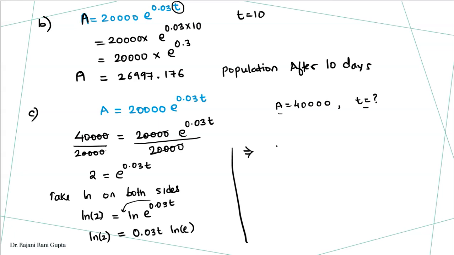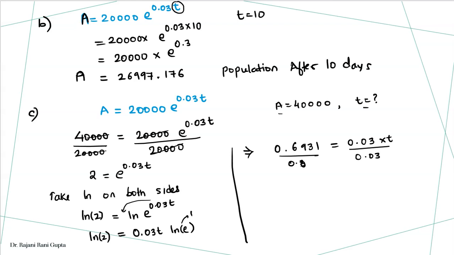It gives the value 0.6931 equals 0.03 times t. Since you want t, you divide by 0.03.